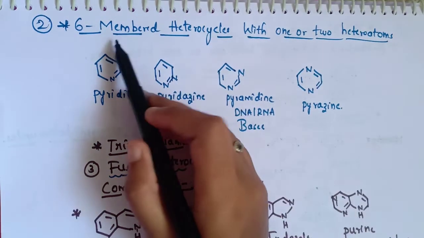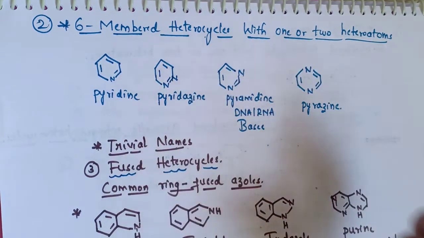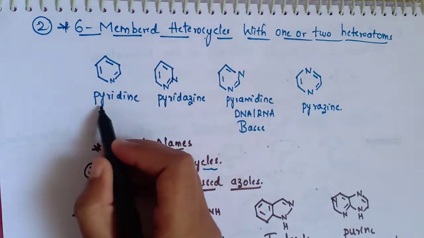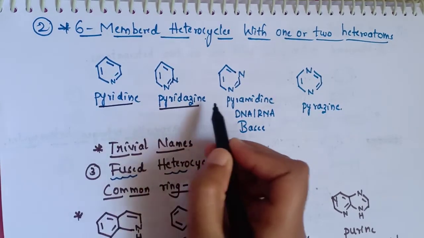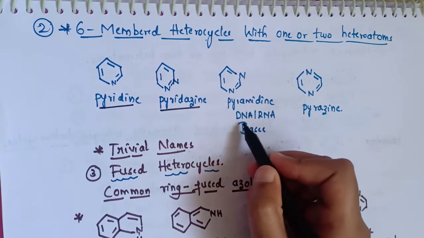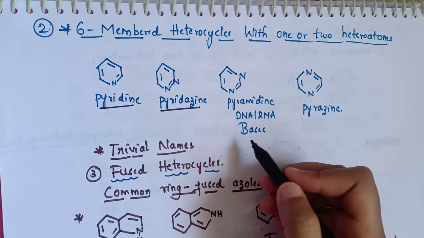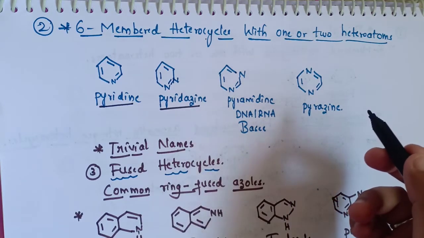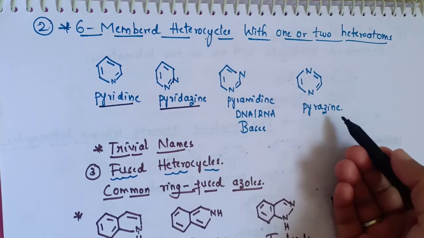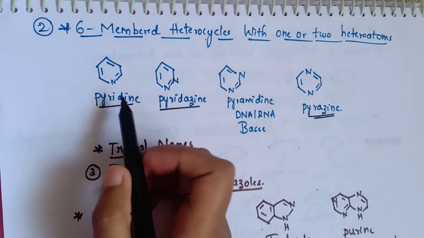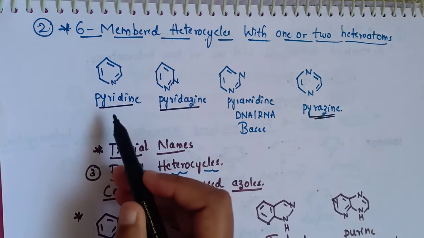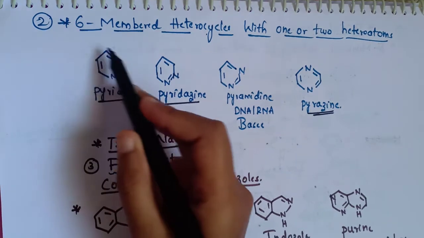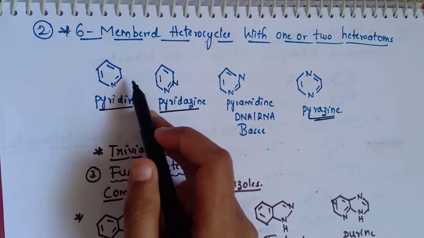Now coming to the 6-membered heterocyclics, one with 1 or 2 heteroatoms. It is called pyridine, pyridazine, pyrimidine, which is a DNA or RNA base. We already know that these are pyrimidines, and the next one is pyrazine. Pyridine is the 6-membered ring where one of the carbons is replaced by nitrogen.